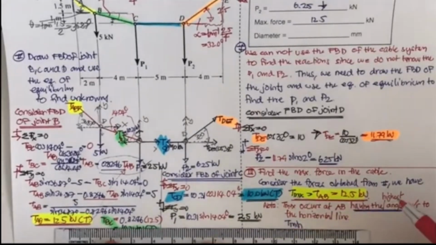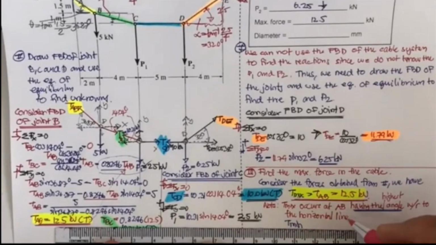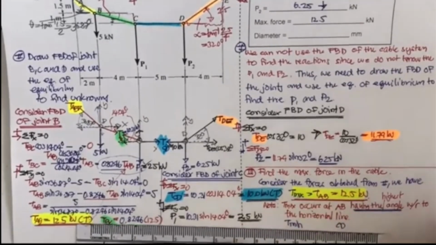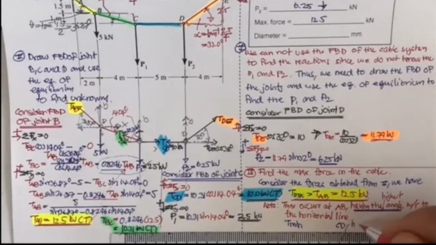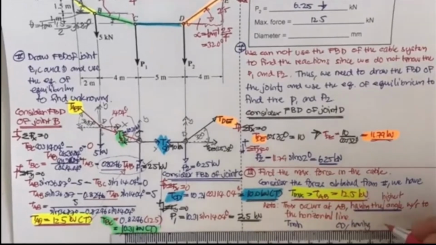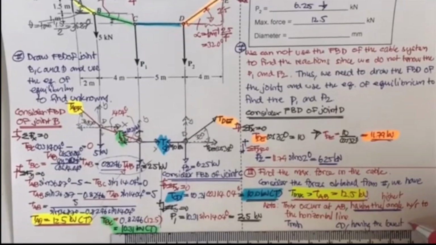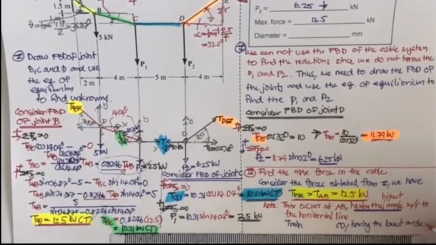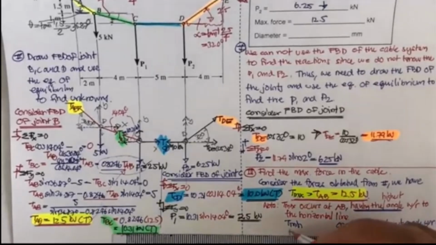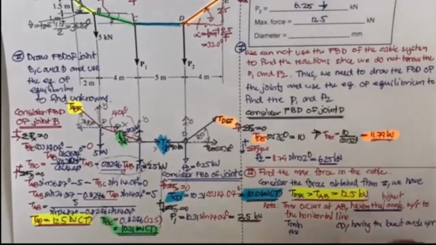And also, in the opposite, T min occurs at the cable CD, having the lowest angle with respect to the horizontal line.